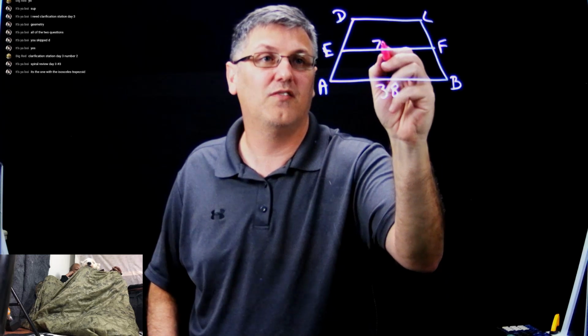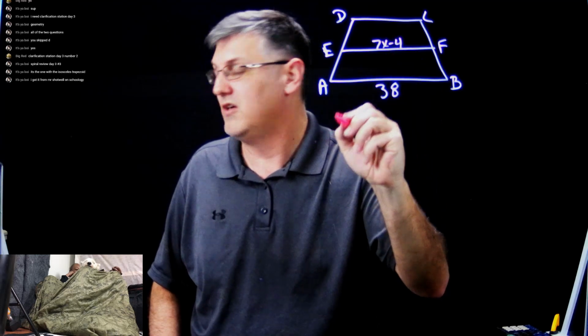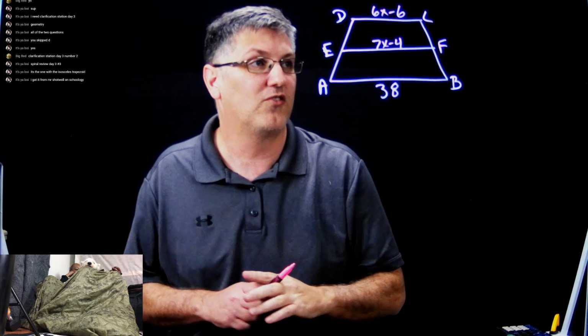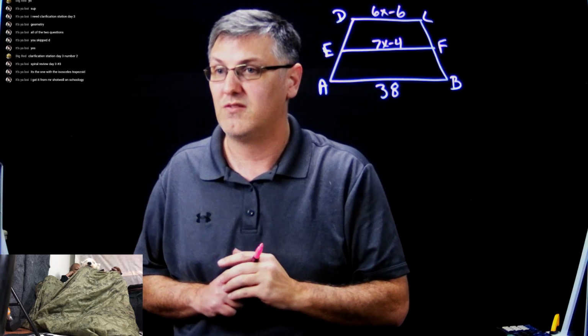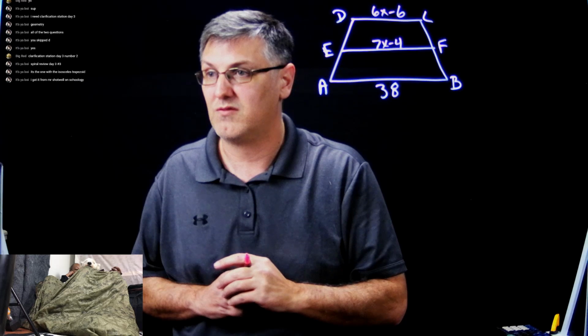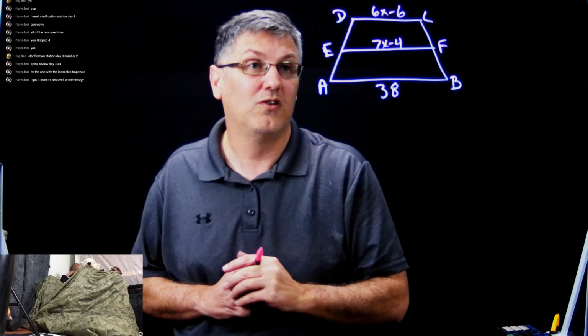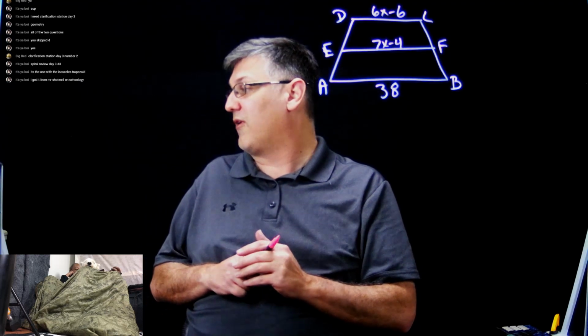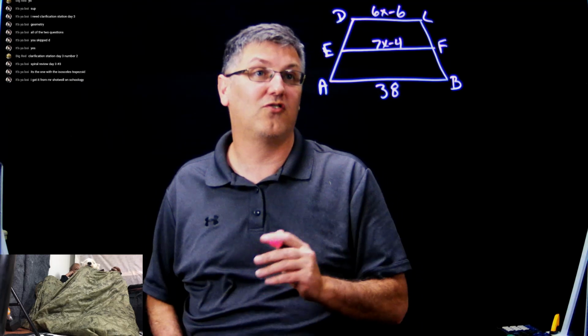This is 7x minus 4 and 6x minus 6. I'm going to wait for you to respond and tell me if this is the question you actually have. Got it from the other teacher. Okay, that's fine. I think this is the problem, if I was a betting person, because they tell me this is an isosceles trapezoid problem.